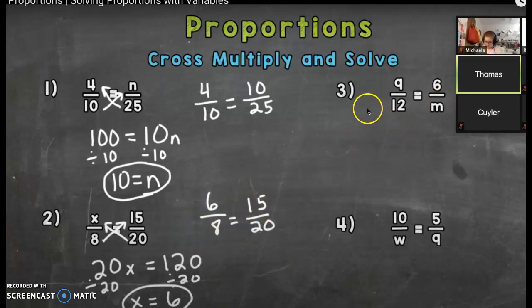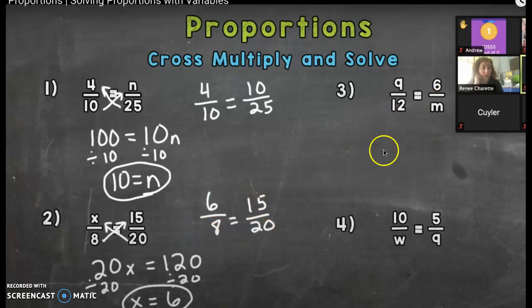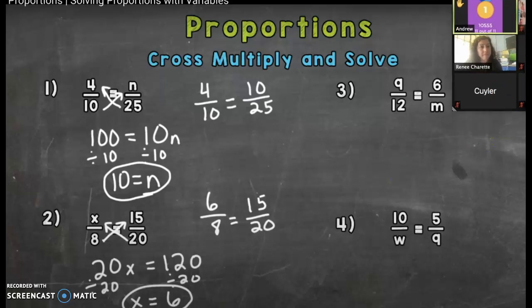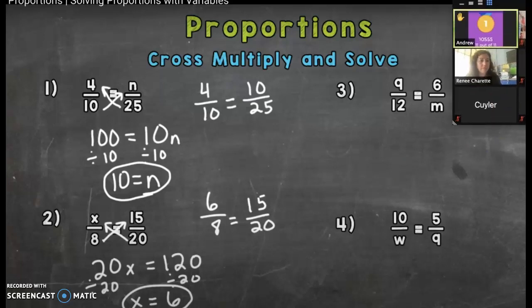All right, let's try it now. Let's look at number 3. Andy? Yeah, I have a question. So for example, what if the variable in 2 was like 5x? Would we still multiply it normally, or would we do it differently?